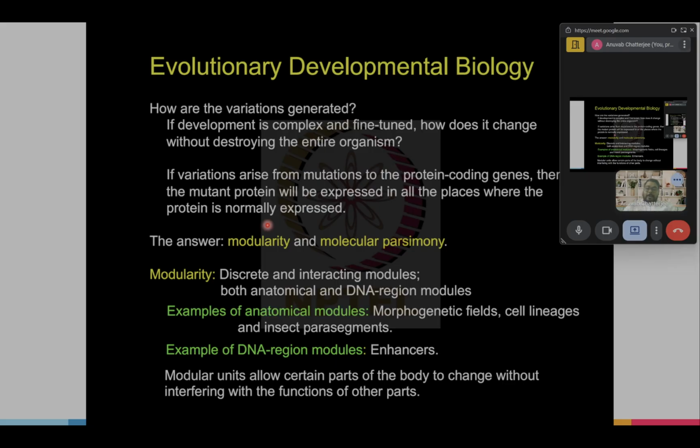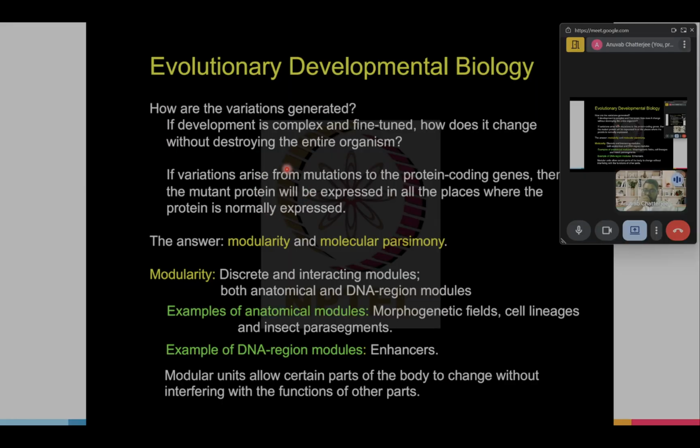The answer is, there are different techniques that development and the different species, or life as a whole, utilize to make sure that there are slight changes or variations that can help in evolution, but that do not change the overall plan of the body, so that you don't create fatal mutations or cause many different problems. So if variations arise from mutations in protein coding genes, there will be a mutant protein that will be expressed in all places where the protein is normally expressed.